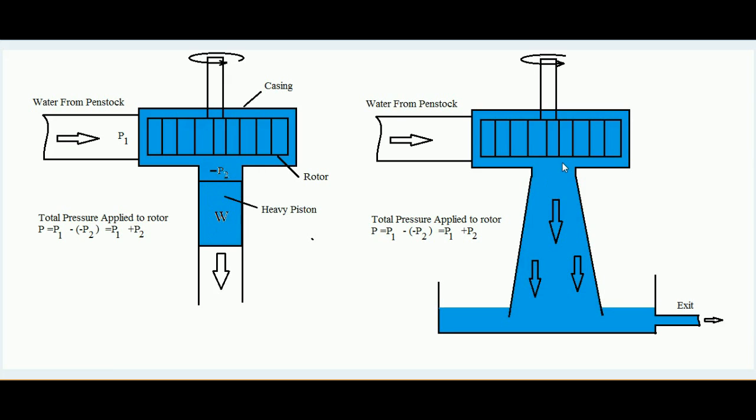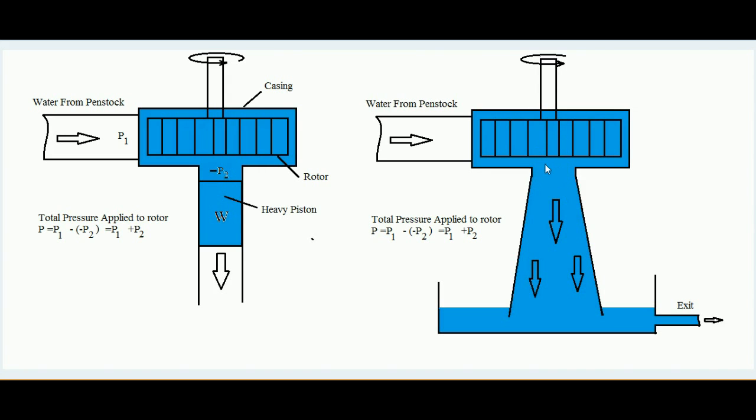In an actual case the draft tube is a sort of duct, a diverging duct. When water comes out from the exit of this runner, it flows through the draft tube, with the same mechanism as this water piston. When water moves downward, it creates a negative pressure over the exit of the machine.